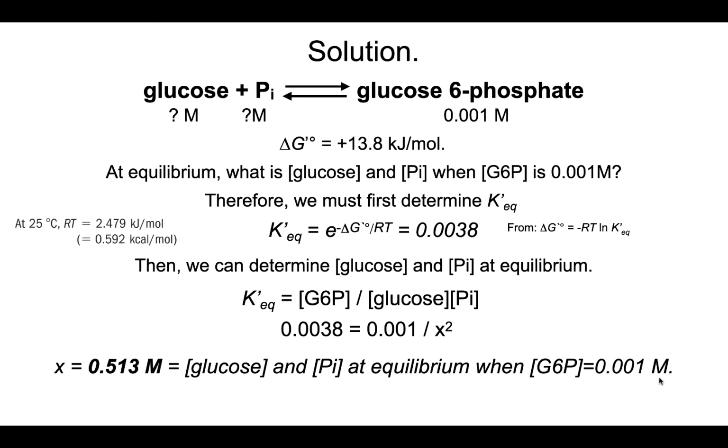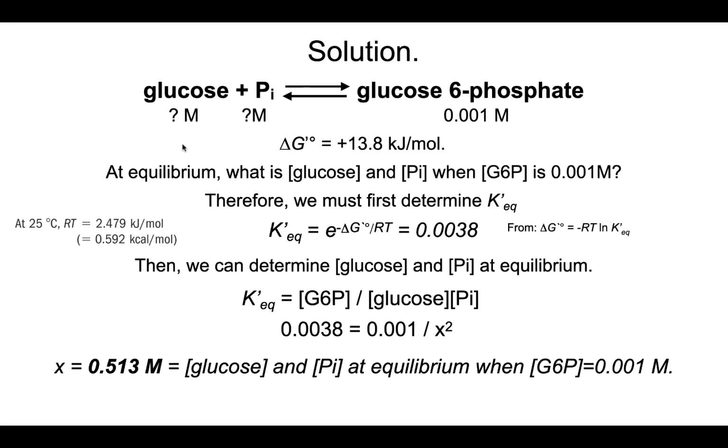So at equilibrium, this is 0.513 molar, this is 0.513 molar, and this is 0.001 molar. You need 500 times the concentration of glucose and inorganic phosphate than glucose 6-phosphate to be at equilibrium. That's crazy. That's why this reaction is so endergonic.